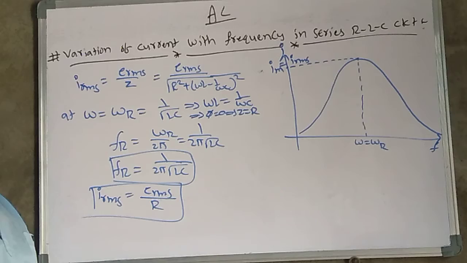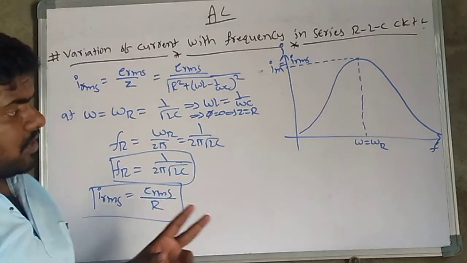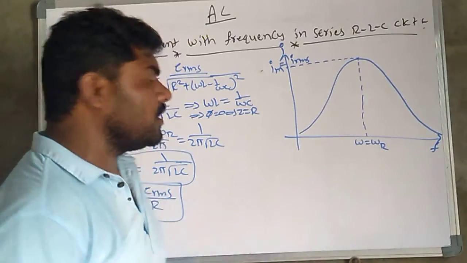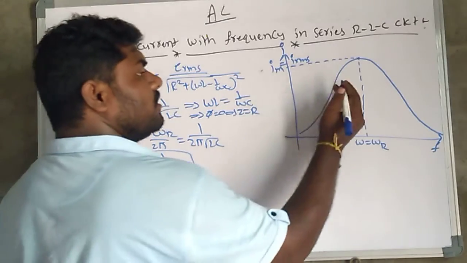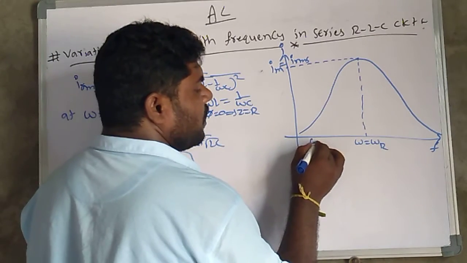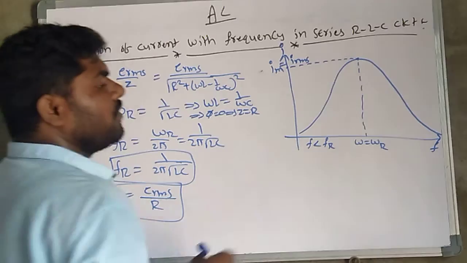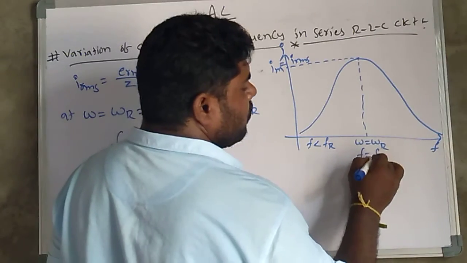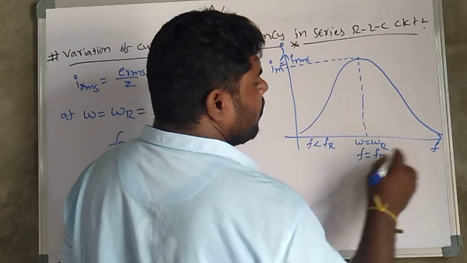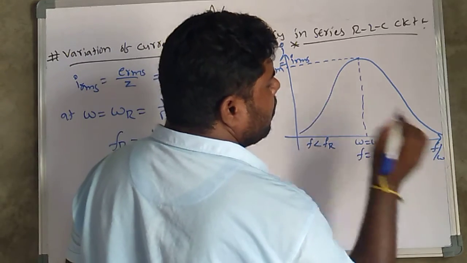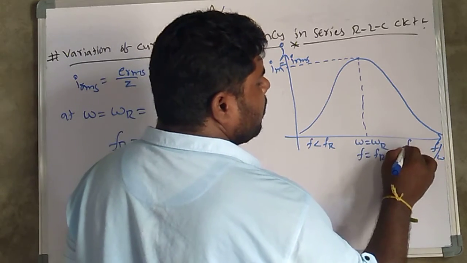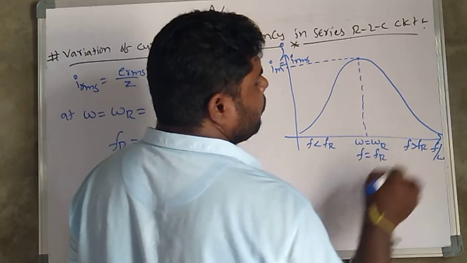In this situation there are two possible cases. Let us consider the left side, where the frequency is less than the resonance frequency, f less than f_R. The right side is where f is bigger than the resonance frequency.